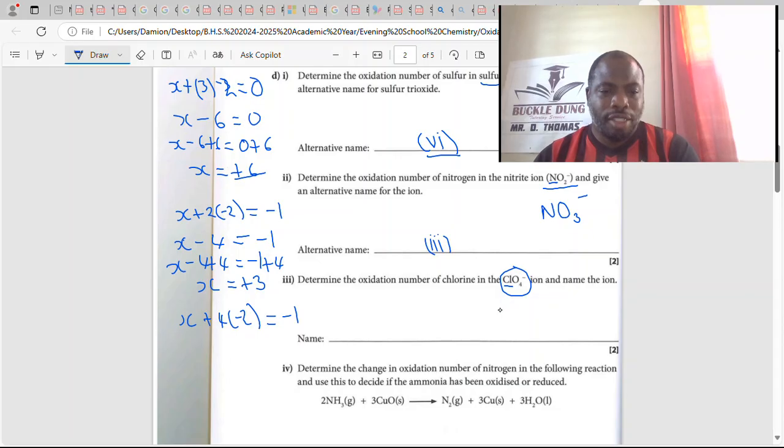So 4 times that, we get x minus 8 equal to -1. To have x by itself, we add 8. And if we add 8 on one side, we do it to the other side. And so x is 7.